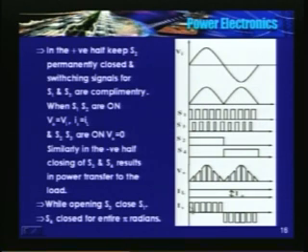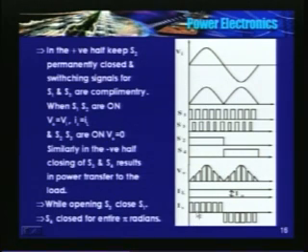Current freewheels through S1 and S4 from pi to 2 pi, and from 0 to pi it is S2, S3. So this is the freewheeling part, current is 0 here. So source current is also having a large number of pulses.